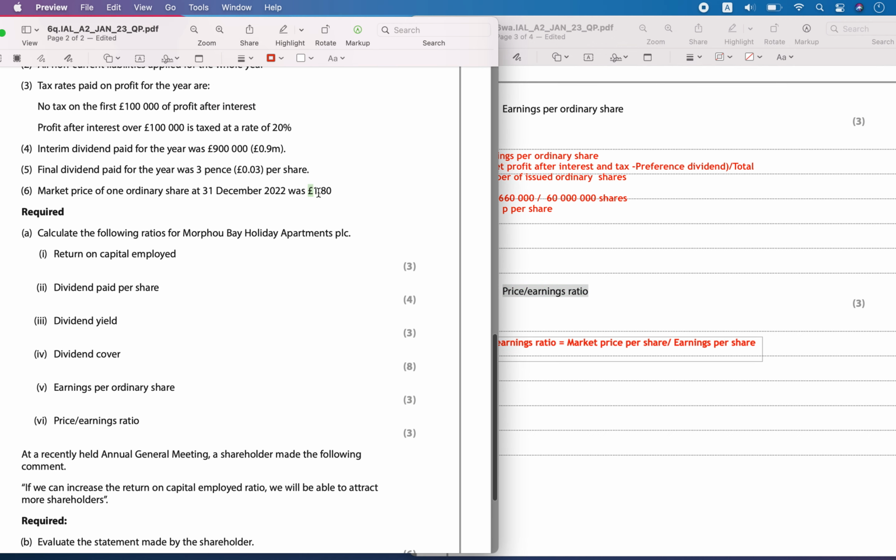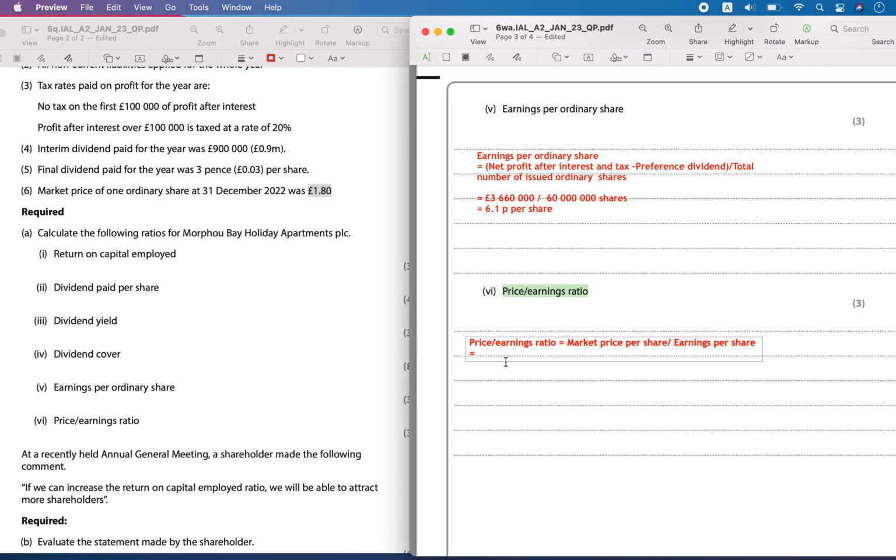The market price is around 1.8 pounds, which we had calculated. So that is 1.8 pounds divided by the earnings per share of 6.1 pence per share. Either you convert both to pounds or pence and then divide. Here I am going to convert this as 180 pence divided by 6.1 pence per share.